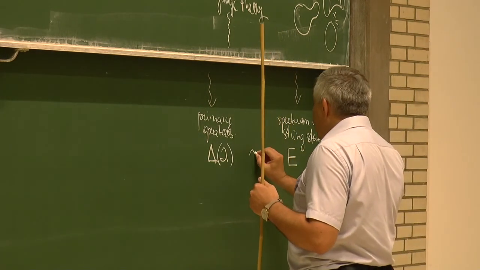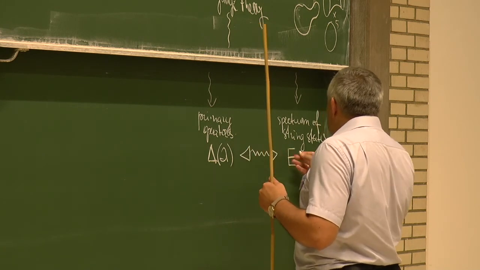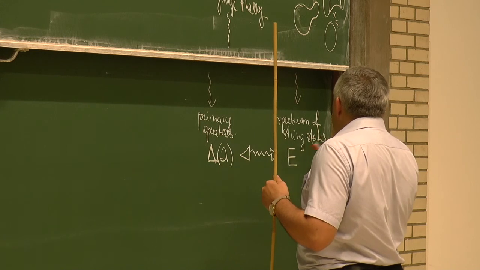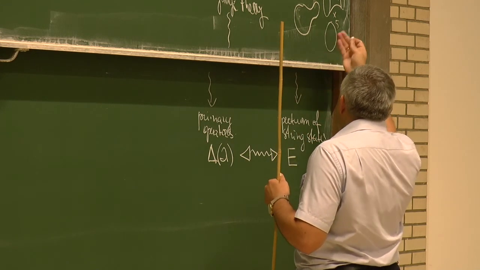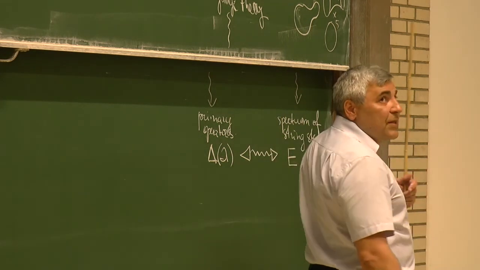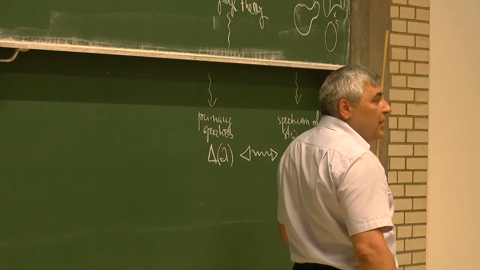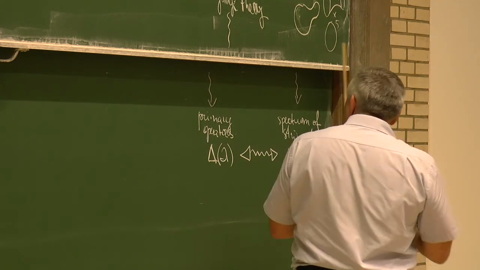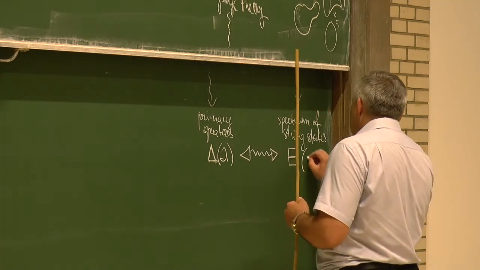And by this holographic correspondence, the spectrum of string states, or string theory in AdS5 cross S5, also has a coupling constant. This constant is the string tension, which is a function of lambda. So at the end of the day, these energies are also a function of lambda.